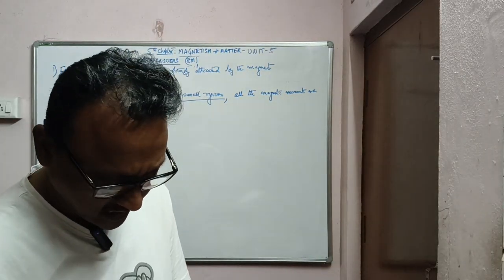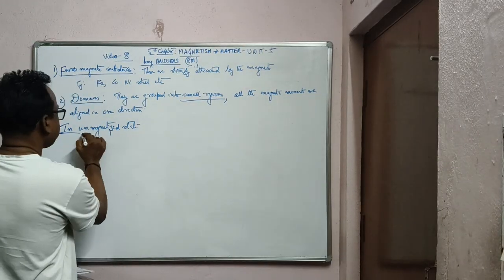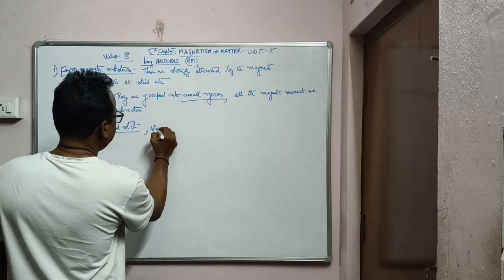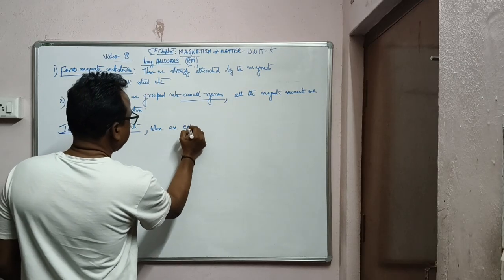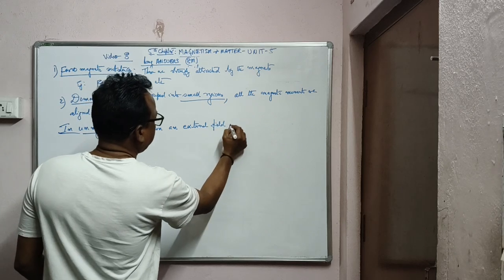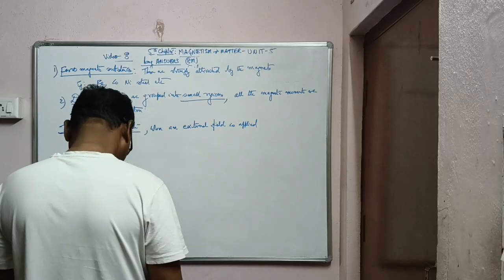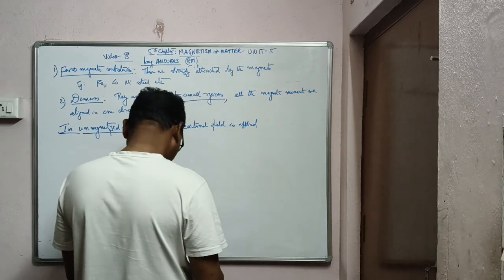In the unmagnetized state, when an external field is applied, what happens here?